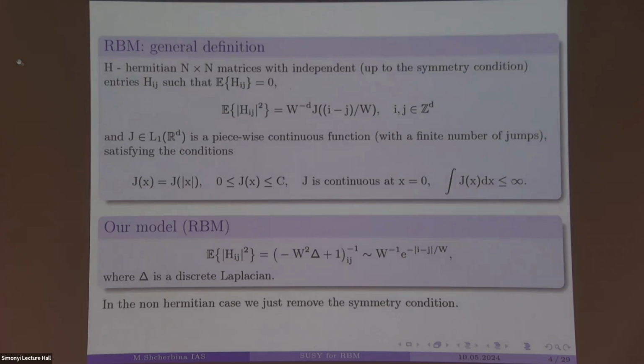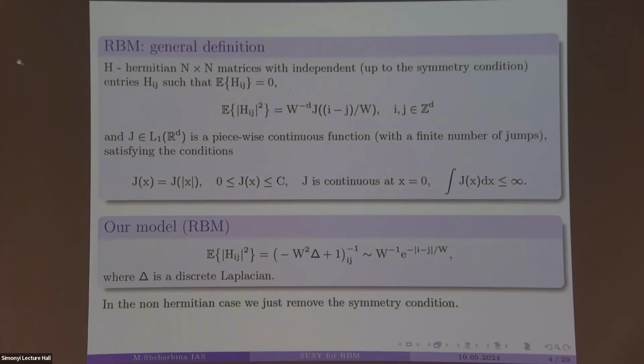Here is a more general definition, because we can just consider some function J, which is continuous at 0, bounded, positive, symmetric, and piecewise continuous, and whose integral over the whole space is finite.